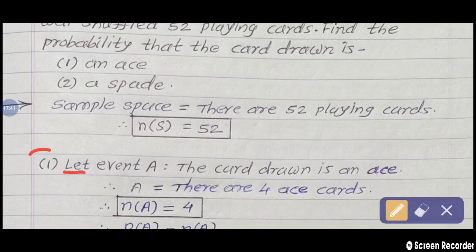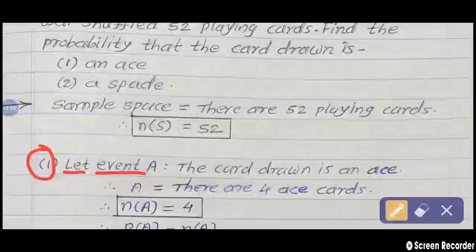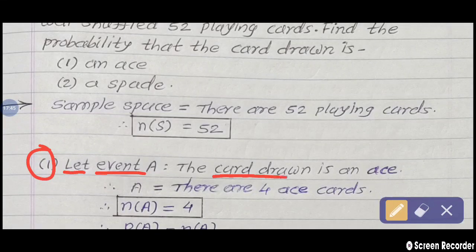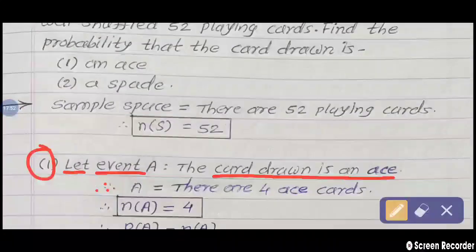Now first event. Let event A be the card drawn is an ace. Therefore A is equal to, ace means number 1 is bearing on the cards. In each type of card, one card bears number 1.